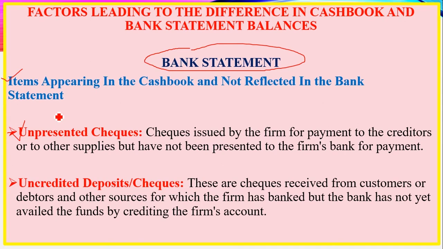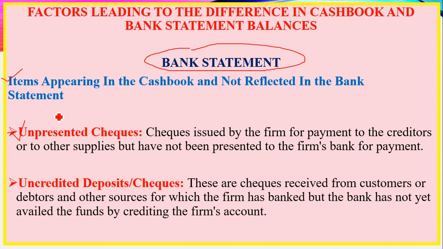Unpresented checks, these are checks that you write to your creditors or to your suppliers, but these people fail to take them to the bank within the given duration. For example, if you write a check to your creditor or to your account payable on 29th of December.